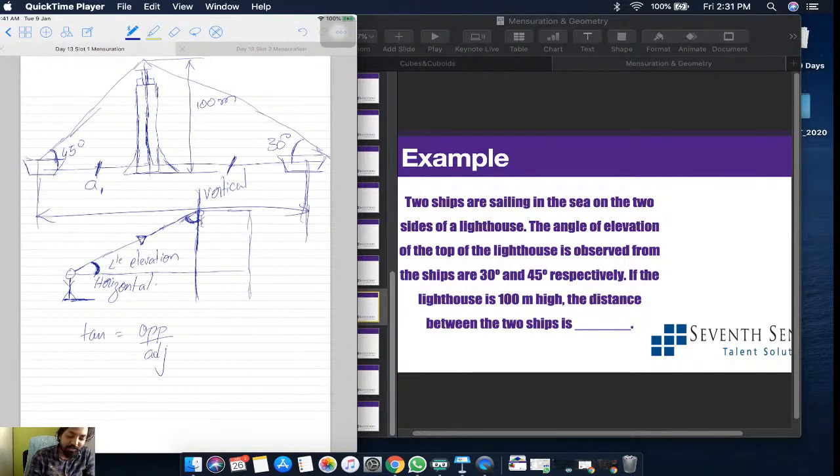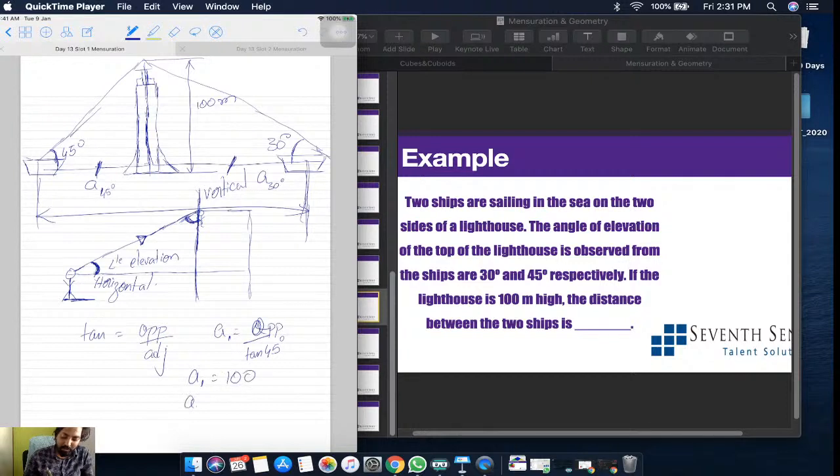You need to find this adjacent for 45 degrees and this adjacent for 30 degrees. So adjacent is equal to opposite by tan 45 degrees for the first one, tan 30 degrees for the second. And tan 45 degrees is 1.